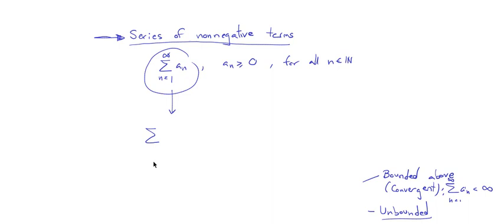So if we take the sum from k equals 0 to infinity of A sub n sub k, where n sub k is a rule by which you take elements here, you can think of this as a subsequence of this sequence of partial sums.